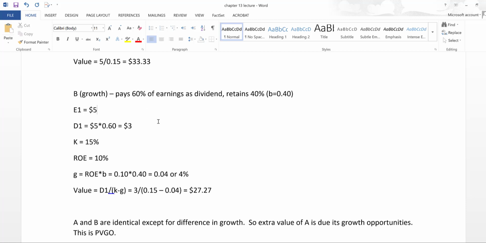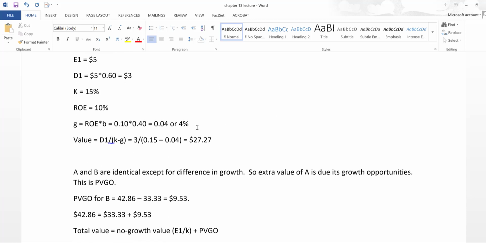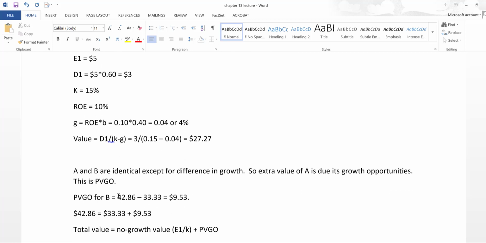So by pursuing these growth opportunities, the value is destroyed. What is PVGO in this case? We have 27.27 now minus 33.33. So it is actually negative 6.06.